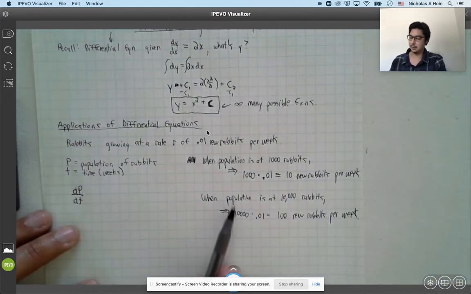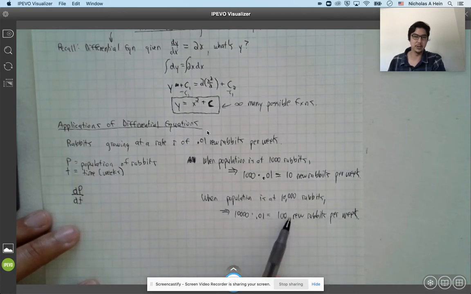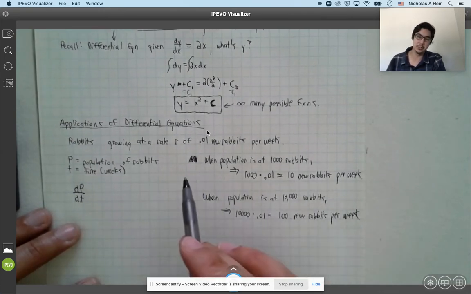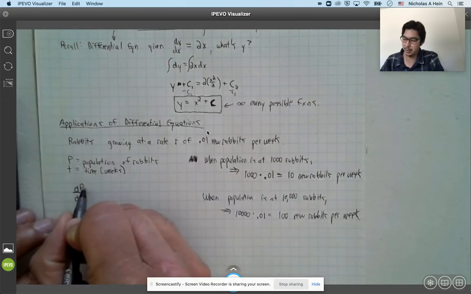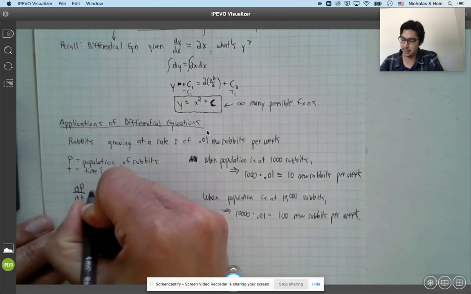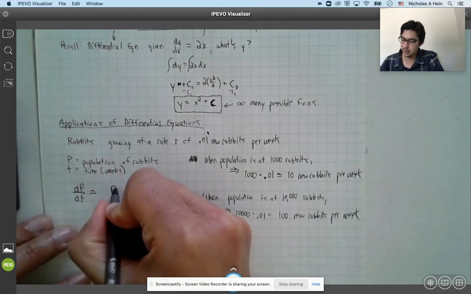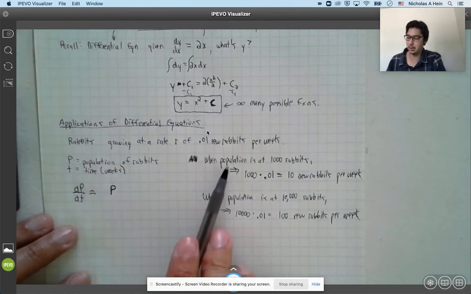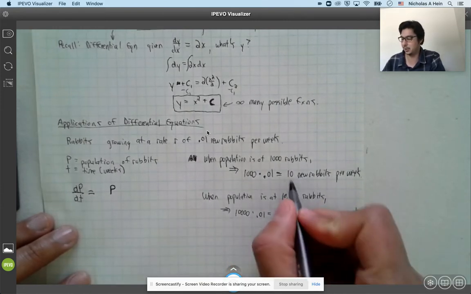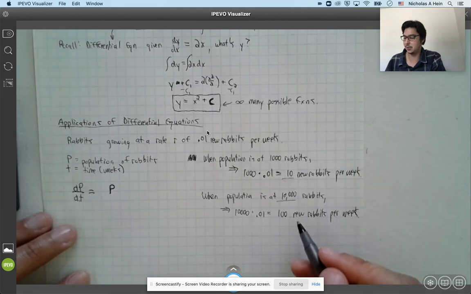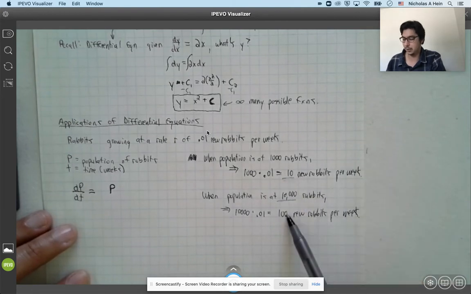So you can see that as the population changes, the rate is also changing, and the rate is changing in relation to the population. If we talk about the change in the population of rabbits relative to time, it is changing in relation to the population P. If the population is 1,000, the rate is 10. If the population is 10,000, the rate is 100.